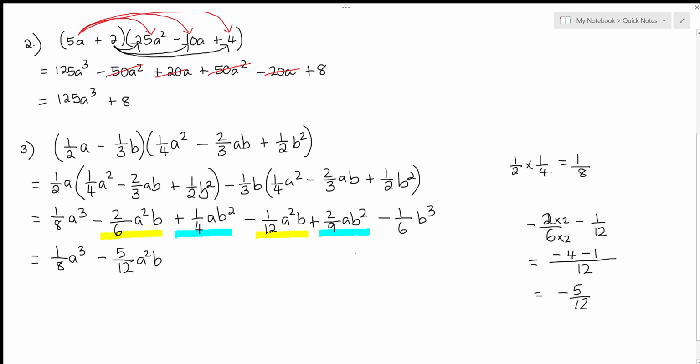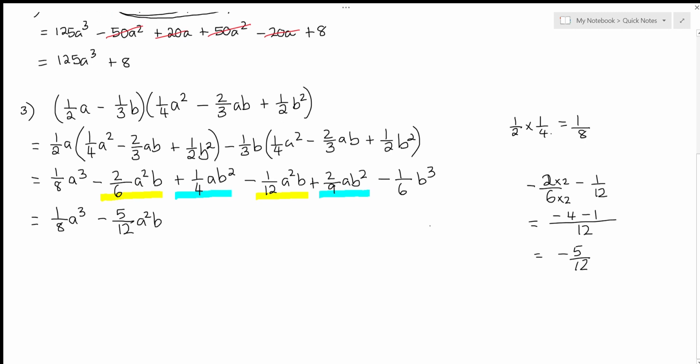Then we look at the next one, which is a quarter plus 2 over 9. The quickest way here, I'm just going to go 9 times 4, which would give me 36. So we're going to go times 9 here, times 9 here.